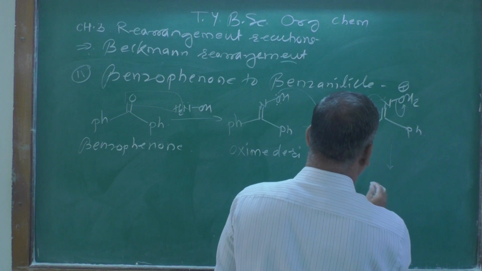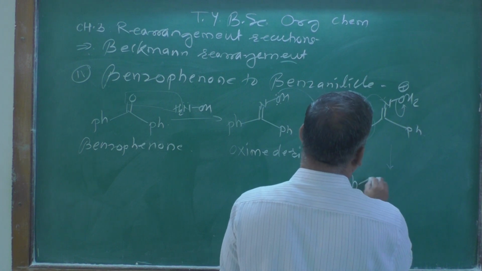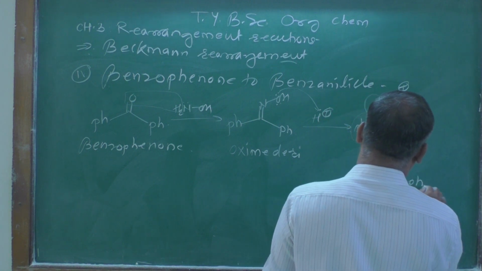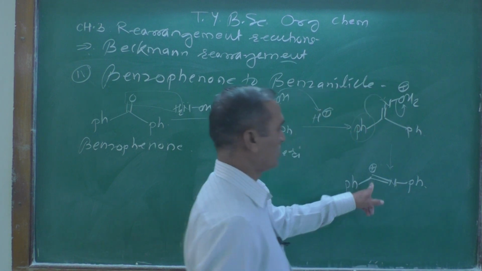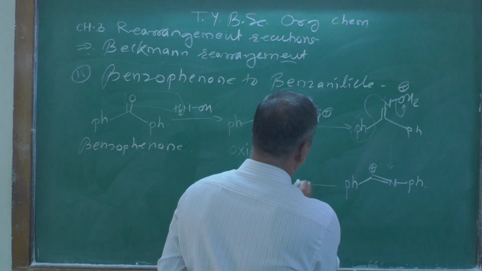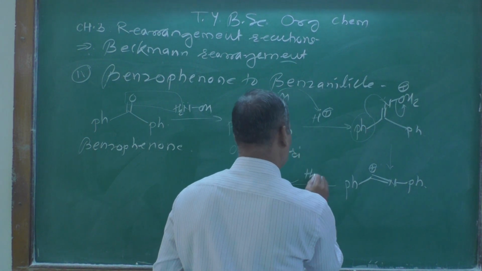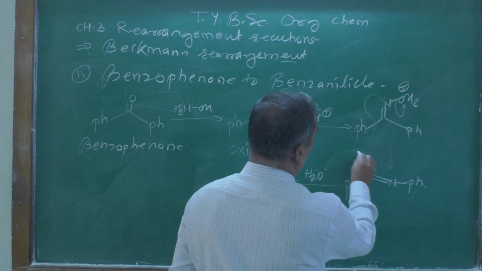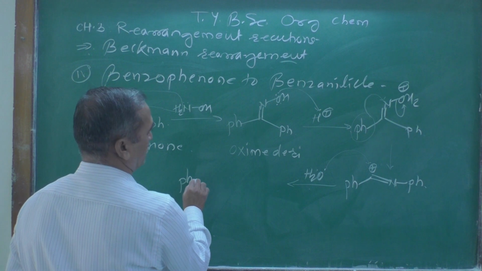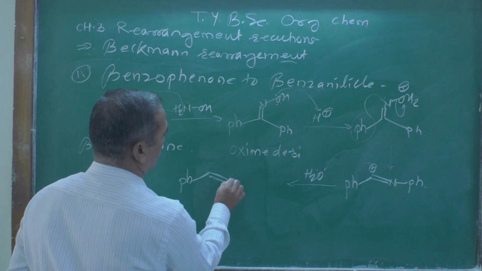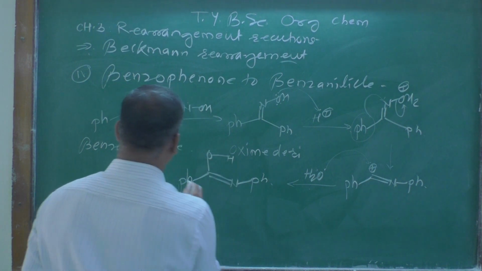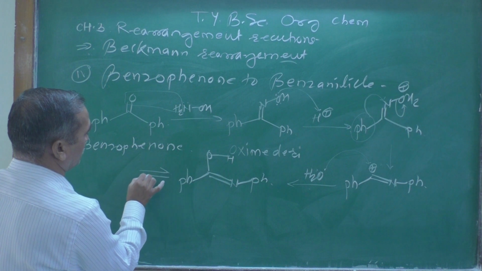That is the driving force over here. And what you are going to get here is pH, then double bond N, and this pH, right? And positive charge comes on that carbon atom. Now a water molecule can attack at this carbocation, and you are going to get here pH, then double bond N and this pH, with O and H written like this so that we can show the tautomerism.